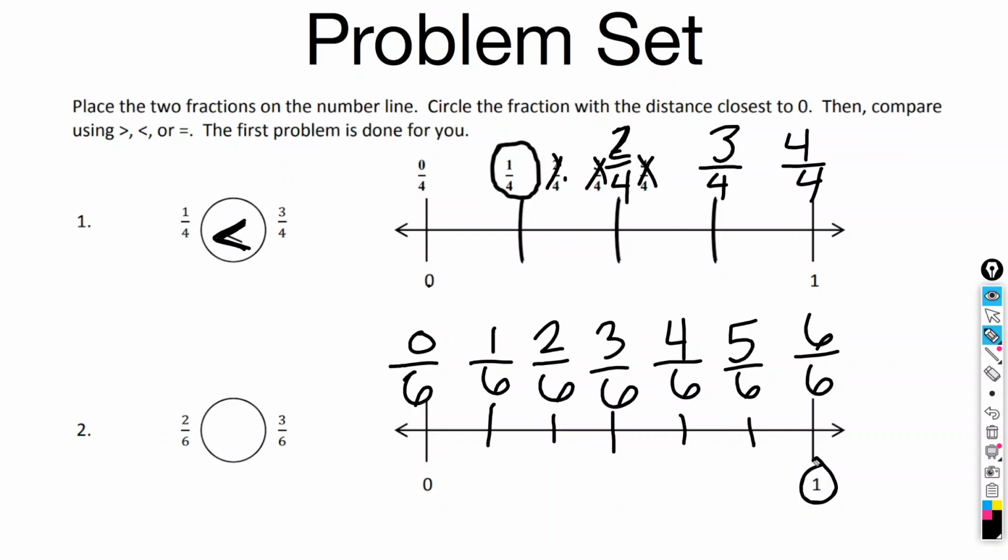Now circle the fraction with the distance closest to 0. So 2 sixths or 3 sixths, which one is closest to 0? Well, the 2 is closest to 0. That's the smaller fraction, so we're going to circle that smaller fraction, which means that our alligator is going to eat the bigger number, which is 3 sixths.